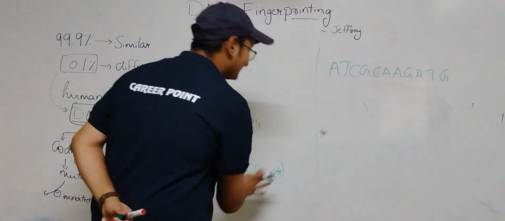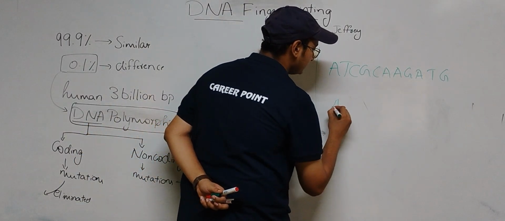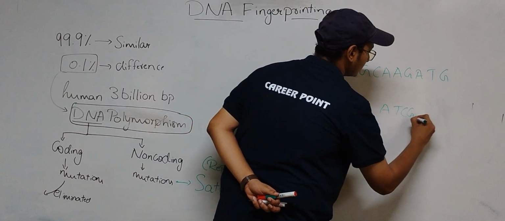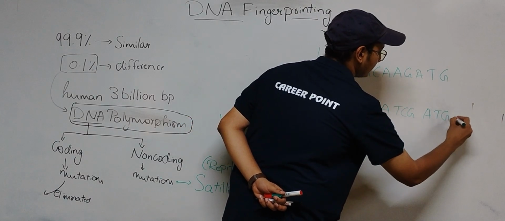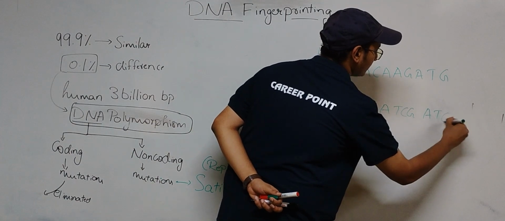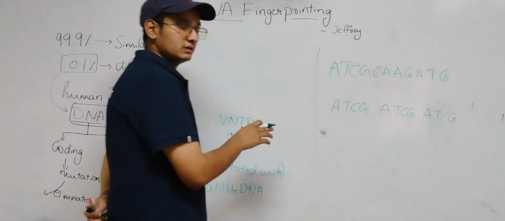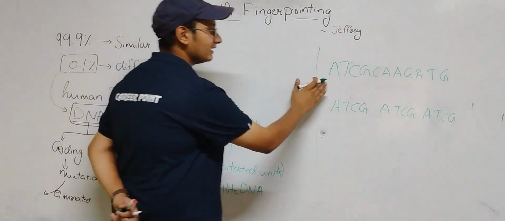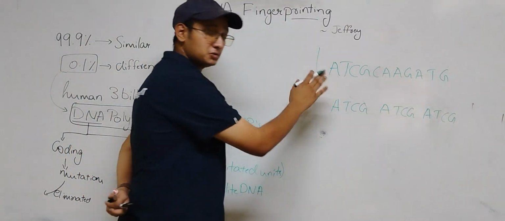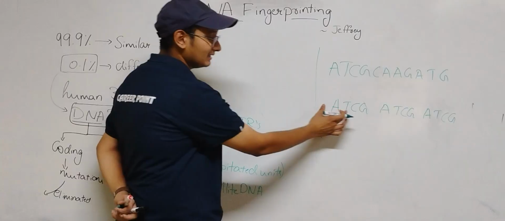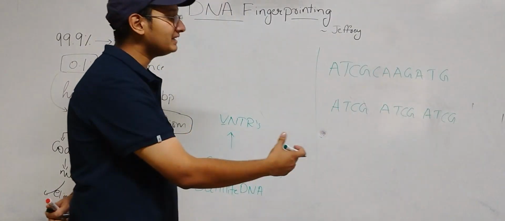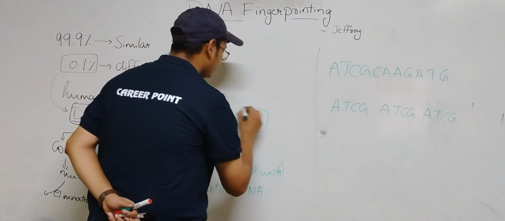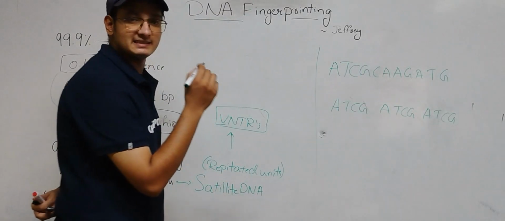But here in satellite DNA, do you find any difference between both of them? Yes. There, it is continuous with no repetition at all. But here, the same sequence is repeating again and again and again. That is what variable number tandem repeats is.